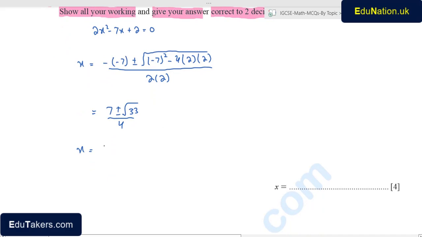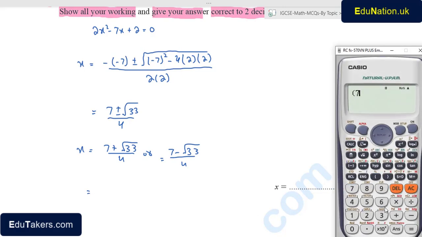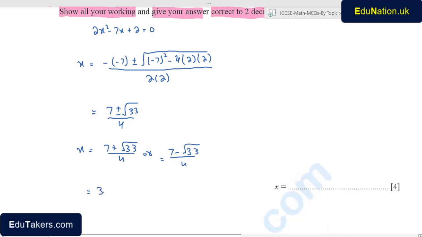Now x is either 7 plus square root of 33 over 4 or 7 minus square root of 33 over 4. 7 plus square root of 33 over 4 is 3.19, correct to 2 decimal places.